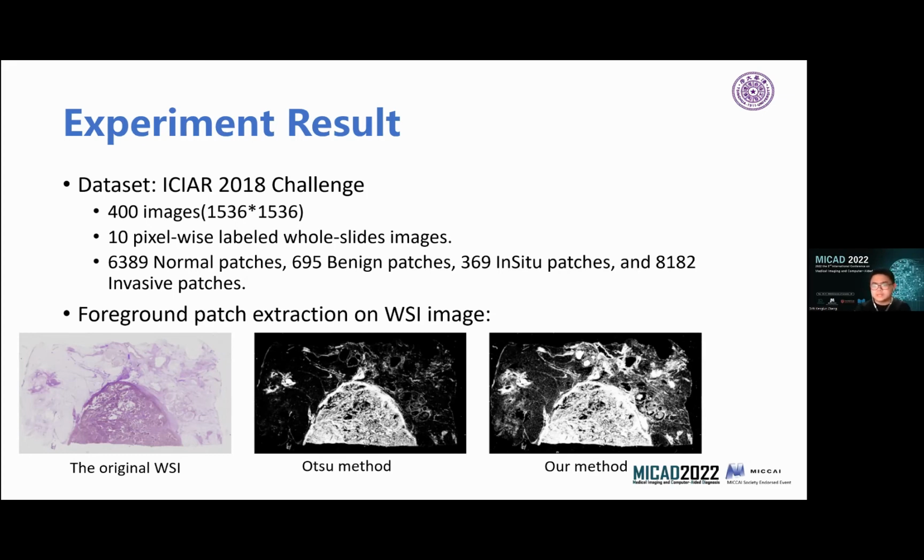So the first step is that we have to solve this problem, so we do the foreground patch extraction to make the distribution much more uniform. We display the result of the different methods for extracting the foreground image.